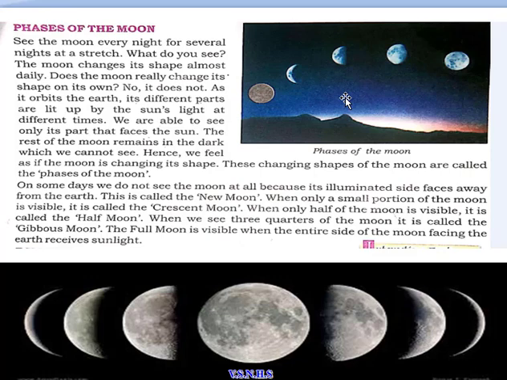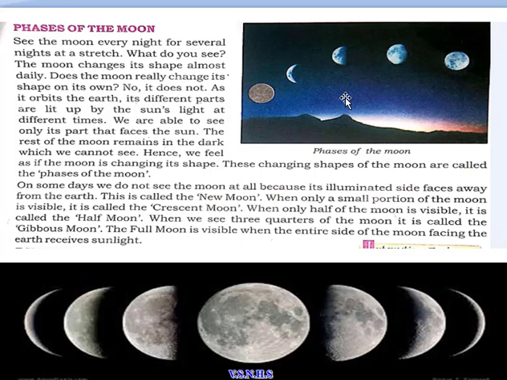So if we look for several days, we can see this change. The moon changes its shape almost daily. Does the moon really change its shape on its own? That is, are there no other reasons, can the moon change its shape by itself? That's not true. So no, it does not.